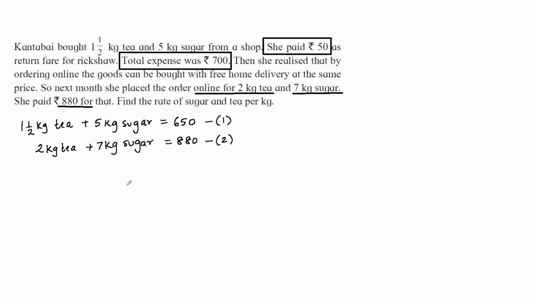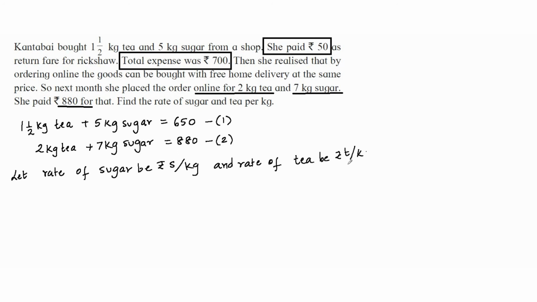Okay, so now we need to assign the variables. Find the rate of sugar and tea per kg. So let's assign some variables. Let the rate of sugar be rupees S per kg, and the rate of tea be rupees T per kg. So 1.5 kg tea.